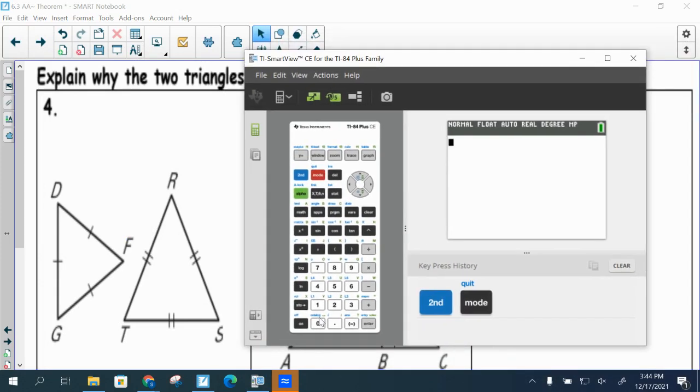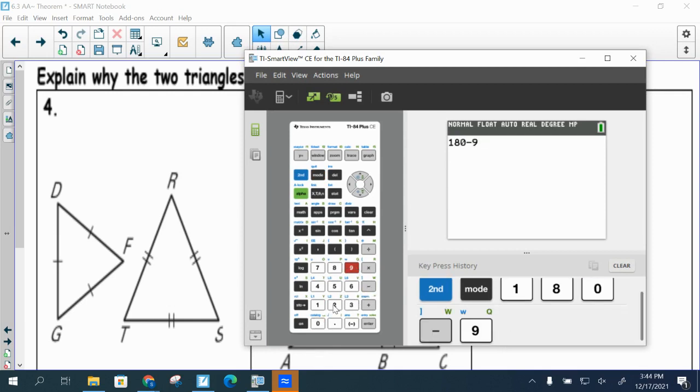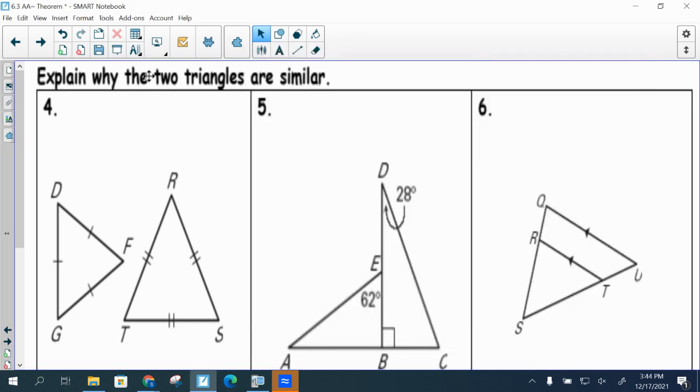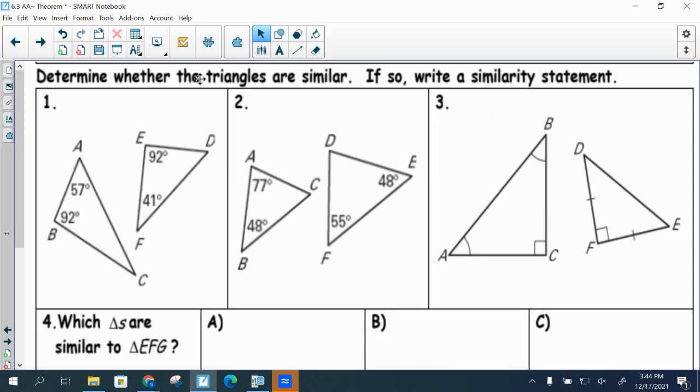Okay, so if I did 180 minus 92 minus 57, I get 31, not 41. So no, the angles don't match up. There aren't at least two angles that are congruent, because if there were, there would be a third one, obviously. So this would be no, not similar.